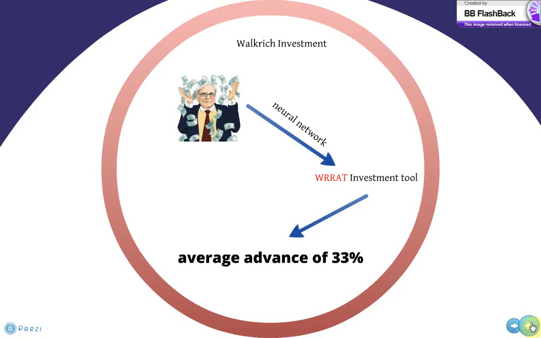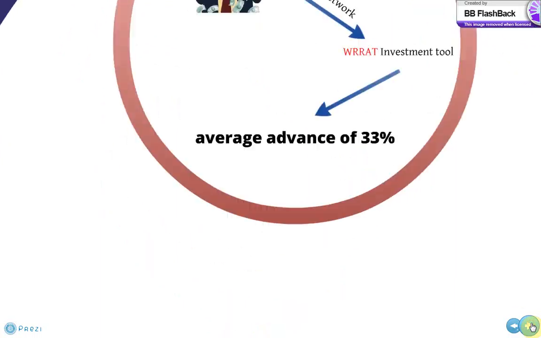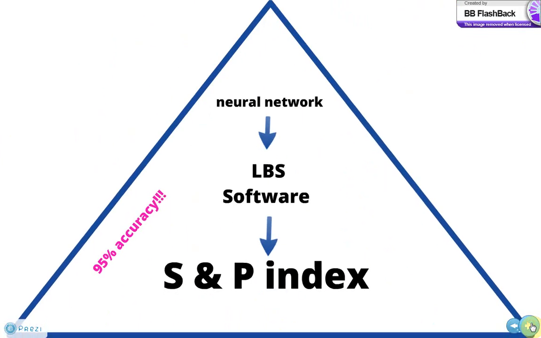Enter the variables that will potentially influence the value of a stock or the entire market. Use a neural network to deduce the result and hence optimize their portfolio by using that result. And LBS software uses a neural network to predict the S&P index, and they have achieved 95% accuracy in total.